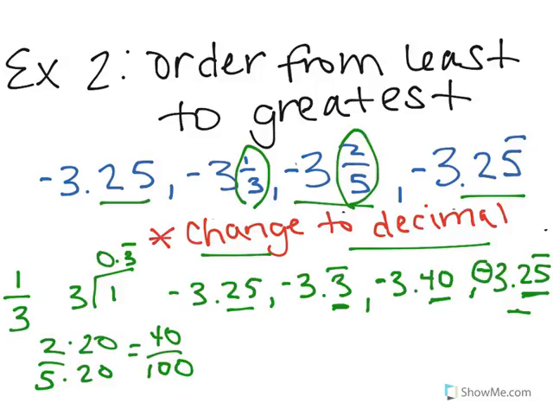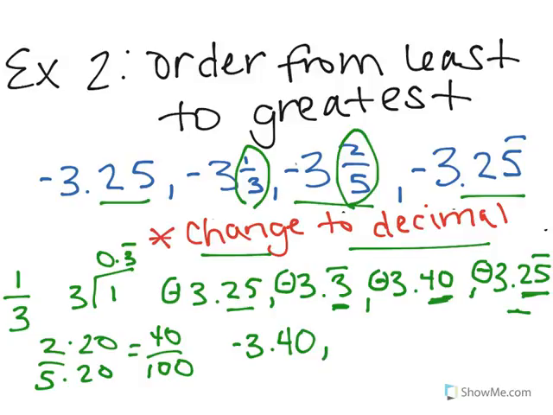Because these are all negatives, we have to think the opposite way. The larger the cents, the smaller the number. 40 cents is the largest amount of cents, so that's going to be the smallest number because it's the farthest away from zero. So the smallest number is negative 3.40.